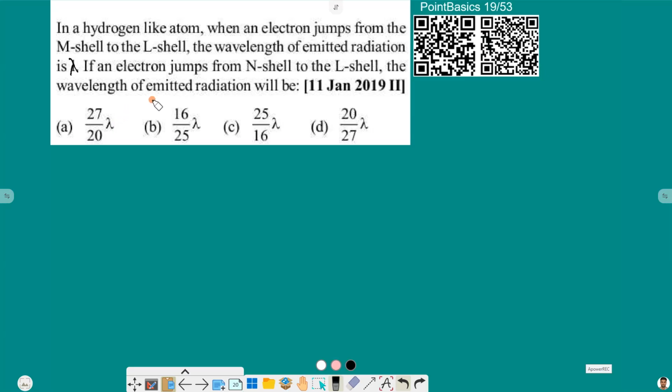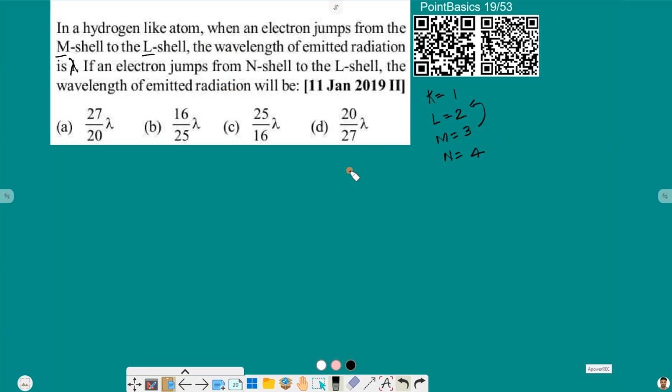Now, this is a slightly different notation. We use this type of notation for shells or orbits in chemistry, where we have the K shell as n equal to 1, then comes L, then M, and then N. So our initial radiation of wavelength lambda is for the M to L shell.